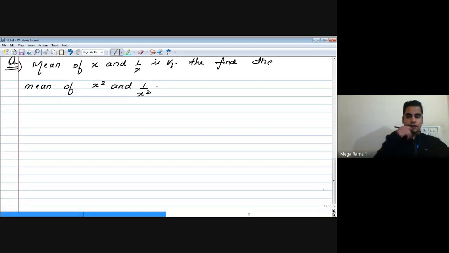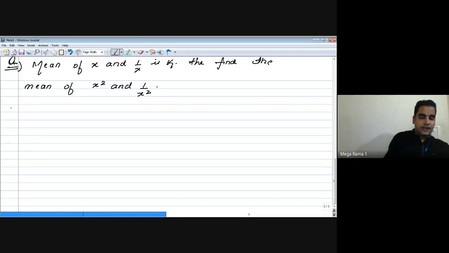Last 2 minutes for this problem. How do you put the two of Ashwin? Okay. Okay. Now I'm going to discuss it.